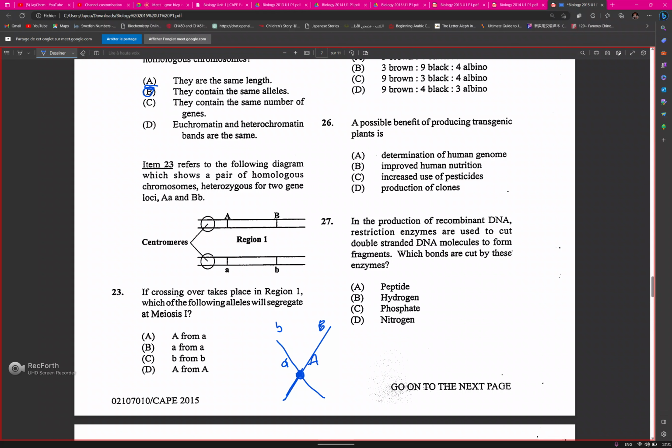Someone talk to me. The non-sister chromatids interact with each other and the alleles switch. The alleles will switch, they cross over, alright? So, in meiosis 1, would it just be chromatids or the entire chromosomes?